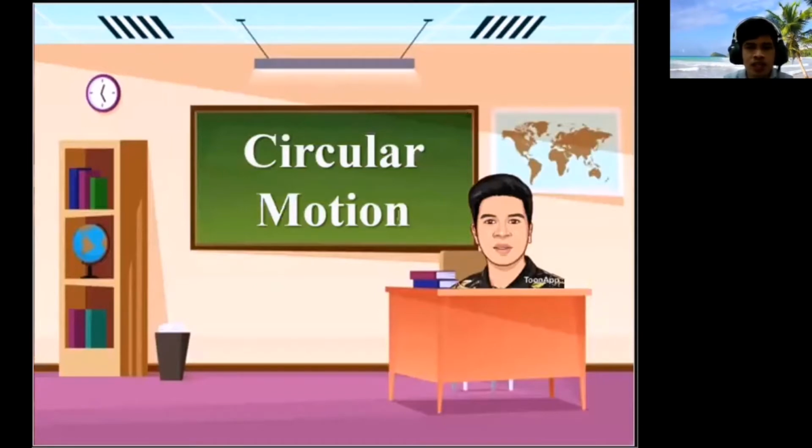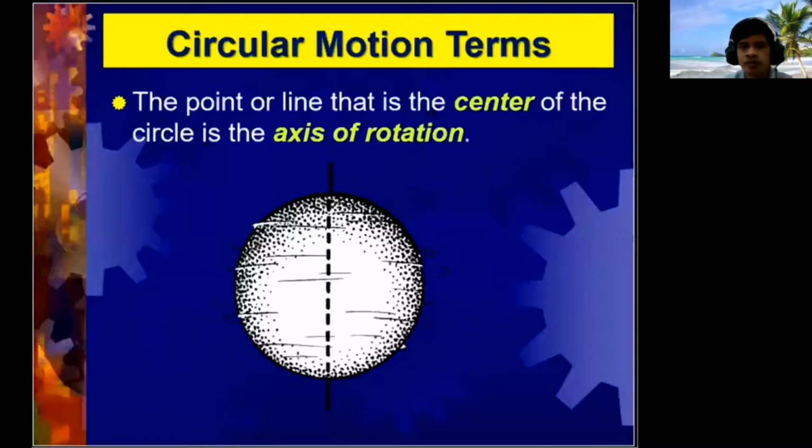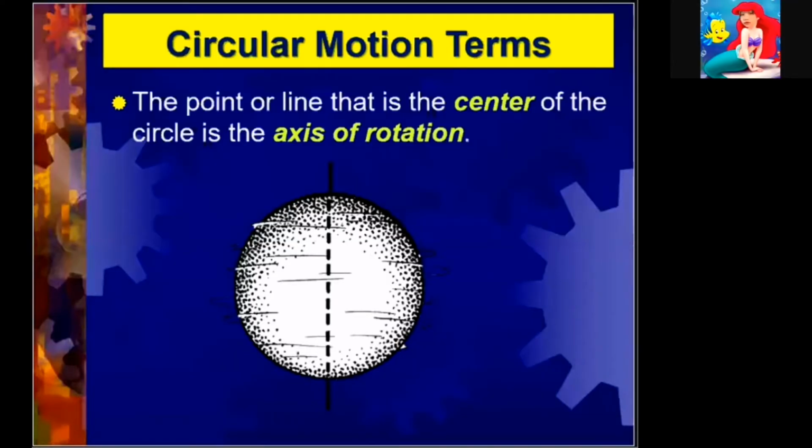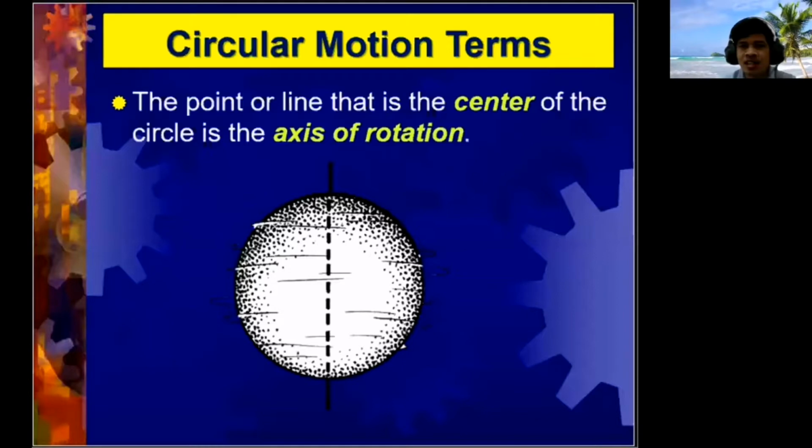So the first one is the axis of rotation. What is the axis of rotation? When we say axis of rotation, this is the point or, more of a line, that is the center of the circle. This is actually an invisible line along the center of the circle.